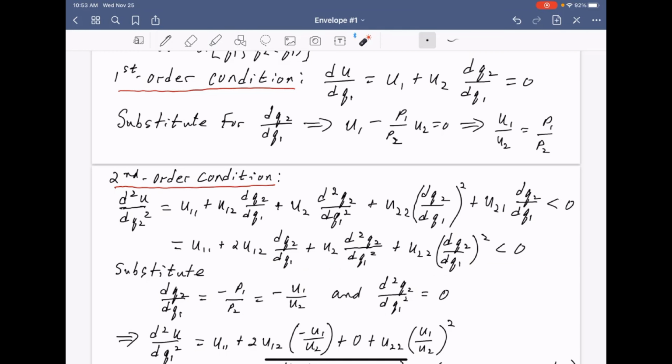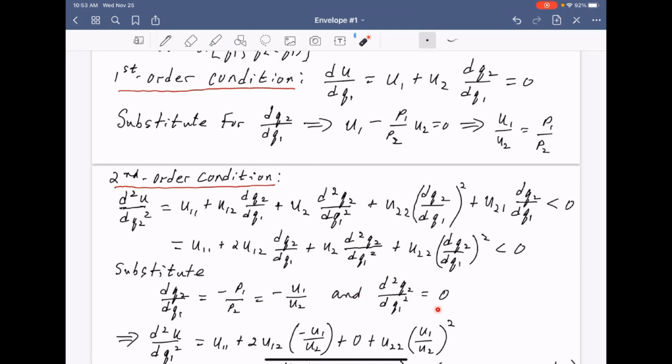Then we make a substitution. In particular, for the slope of the indifference curve, we substitute minus P1 over P2, which is equal to the negative of the ratio of the marginal utilities.